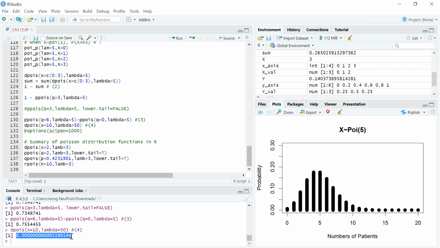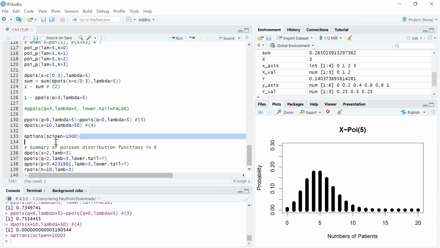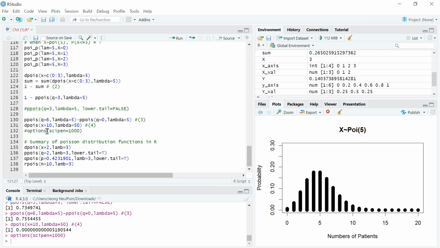So this is the same as this value here. Sometimes you can see some not-numerical numbers, just programming numbers. When you see that, please use this command for getting the numerical number, not the programming number. So it is on your own.